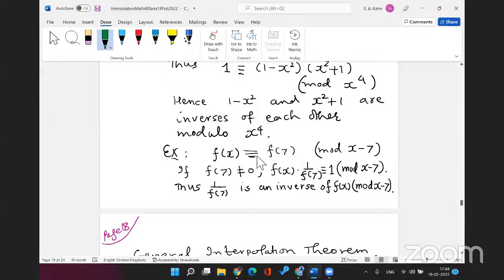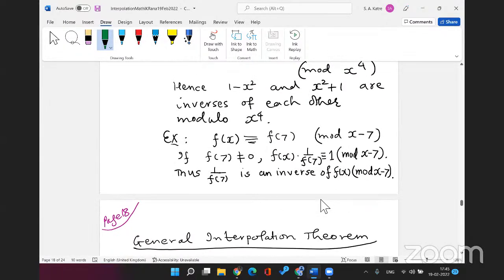So if f(7) is not equal to 0, you can divide by that, and we get f(x) into 1 upon f(7) is 1 mod x minus 7. 1 upon f(7) is a constant polynomial, which will work as inverse of f(x) modulo x minus 7. So if the polynomial is linear, it is very easy to find the inverse. f(x) has inverse 1 upon f(a) if you are going modulo x minus a. All right, that's easy.